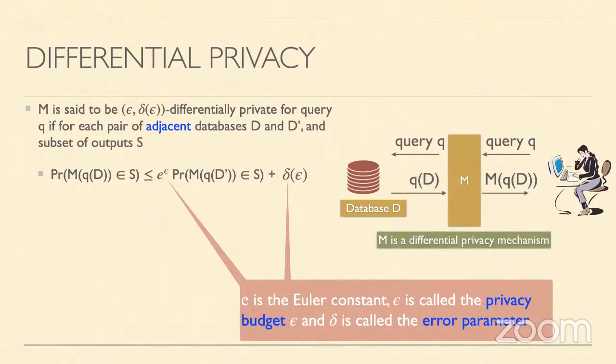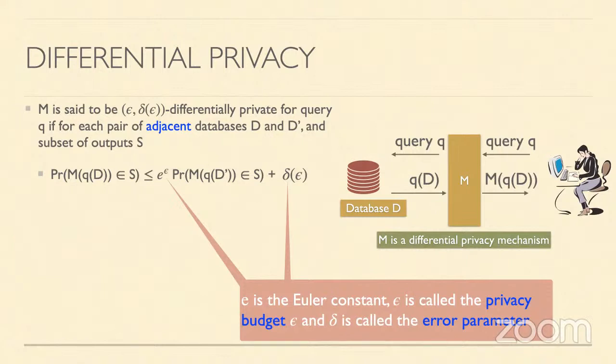That equation looks something like this: the probability that the output of the differential privacy mechanism on the first query is less than or equal to e to the epsilon times the probability of the mechanism giving the answer on the query on a similar database. So basically, verifying differential privacy boils down to checking equations of these forms.